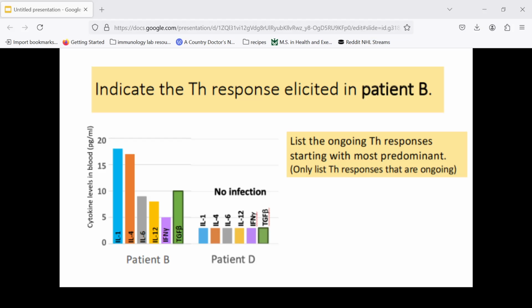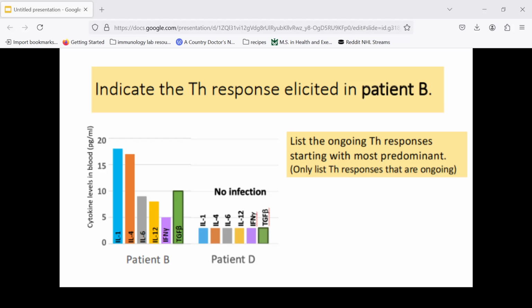When you are taking your exam, I recommend marking on the graphs where these are. So if I could mark this, I would draw a line across my IFN gamma and across my IL-12 to mark where my Th1 stops. Then we're going to compare that to our IL-4.